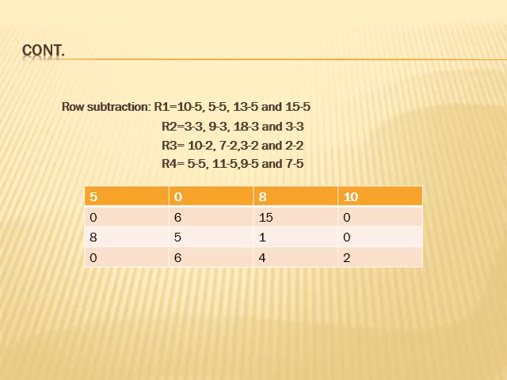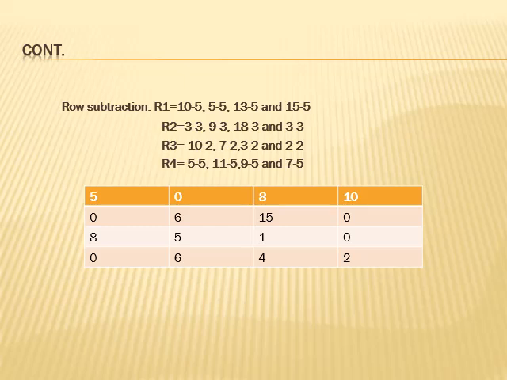The least cost in this row is 5. Please refer to the given problem. Now we are going to subtract the smallest cost, which equals 5, from each element of this row.